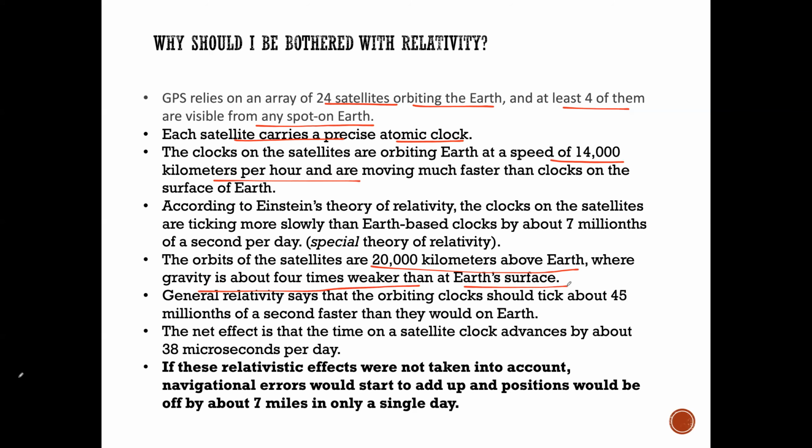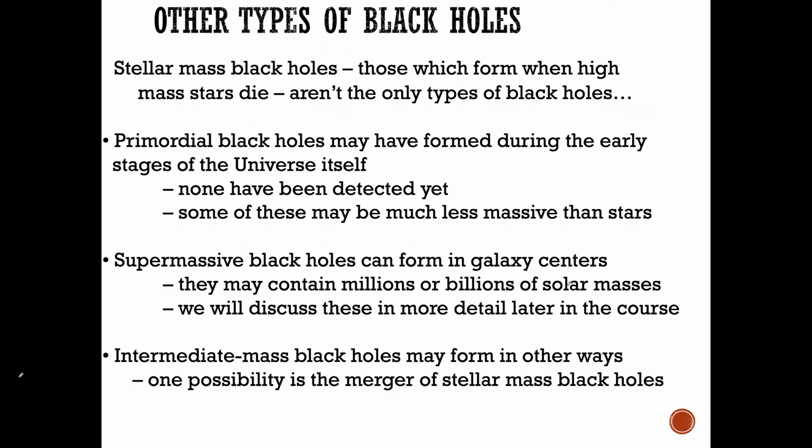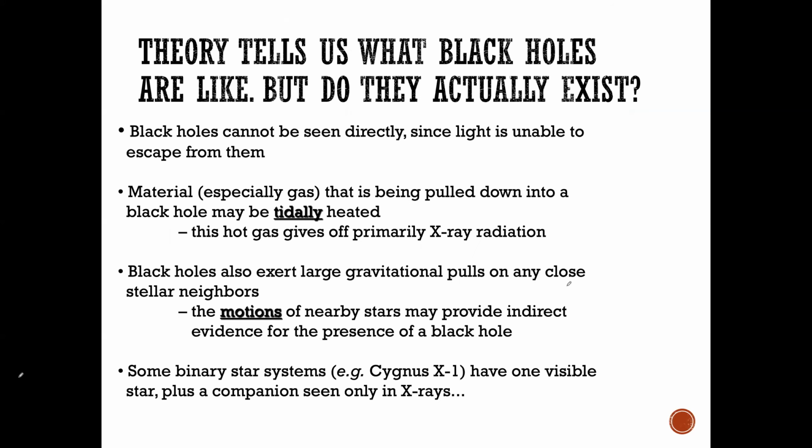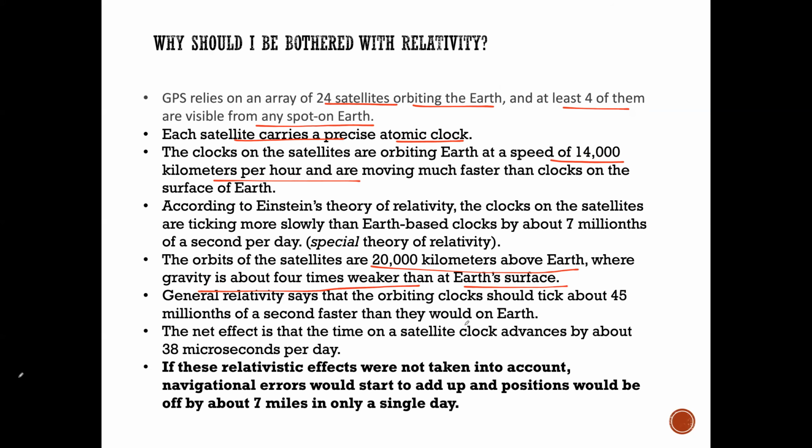So the gravity is weaker where these satellites are compared to the Earth, which means that according to general relativity, if you do a calculation, these clocks should tick about 45 millionths of a second faster than they would on the Earth.